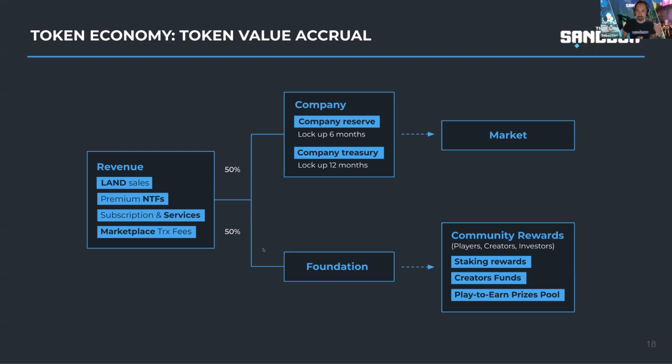By owning Sand, you will be able to participate in the DAO that will be put in place, enabling you to vote and take decisions that will affect the future of the roadmap, the future of the virtual world, the future of the variables of the network, like different transaction fees, etc. And staking. By owning tokens and staking them, you can influence specific decisions, you can attract more users into certain land, etc.